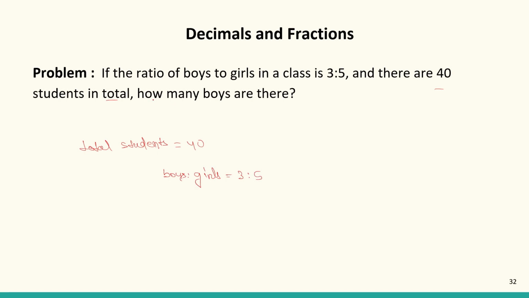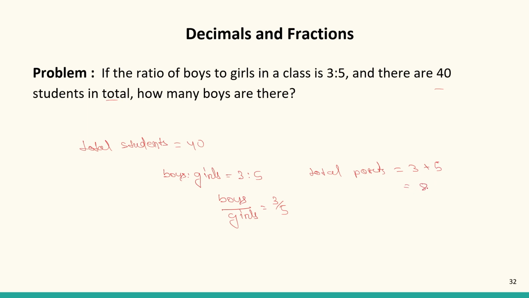So it tells us how many boys there are. What you can see here is boys is to girls, so boys by girls is equal to 3 by 5. So the total number of parts here is 3 plus 5. These are equally proportionate parts, so this is equal to 8.